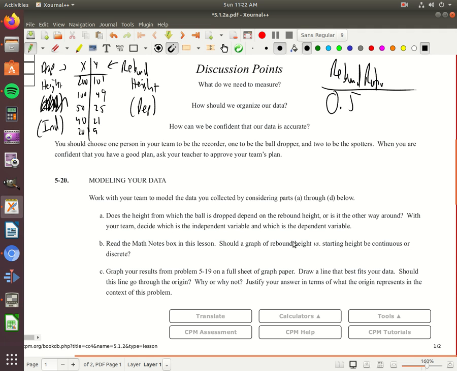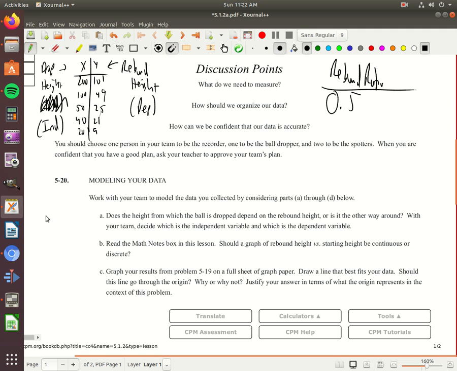We talked about that in 5-1-1 with the rabbit birth rates: you can't have a partial rabbit, so we would say we couldn't do continuous, we should do discrete. Well, in this one, there's nothing stopping me from dropping this at 179.2 centimeters, and there's nothing stopping any particular rebound height, right?